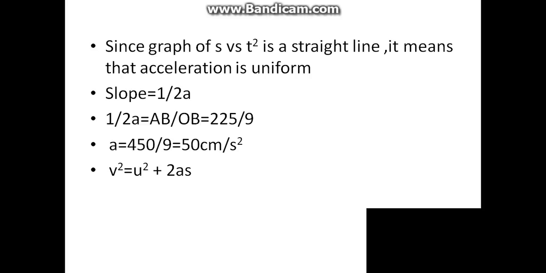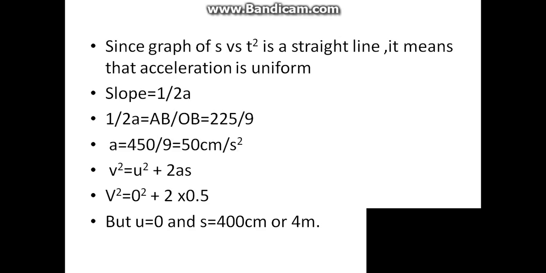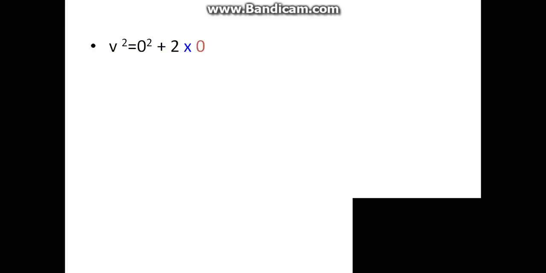v squared is equal to u squared plus 2as. v squared is equal to 0 squared plus 2 times 0.5 times s, but u is equal to 0 and s is equal to 400 cm or 4 meters. Therefore, v squared is equal to 0 squared plus 2 times 0.5 times 4, which is equal to 4.